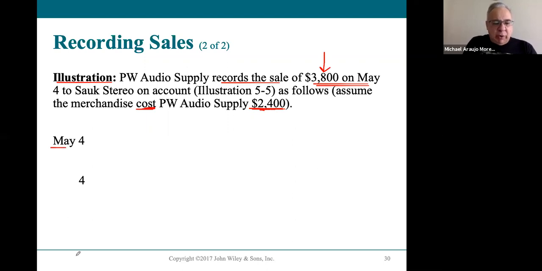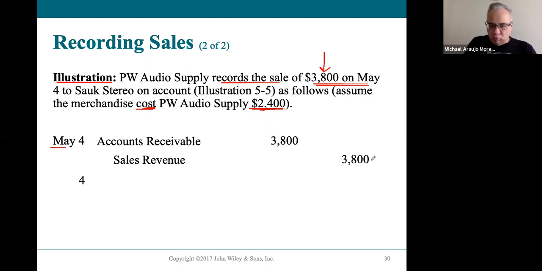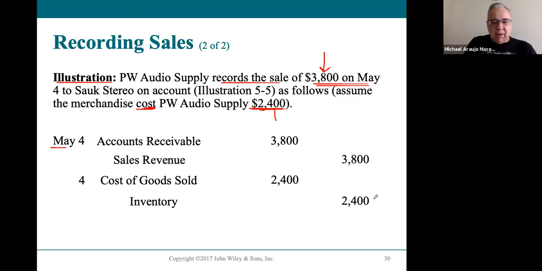So they have to record the sale. They debit accounts receivable, credit sales revenue, and then they have to record the cost of that sale. Cost of goods sold for $2,400, that's this other number here. Inventory credit $2,400 because they sold $2,400 worth of inventory.